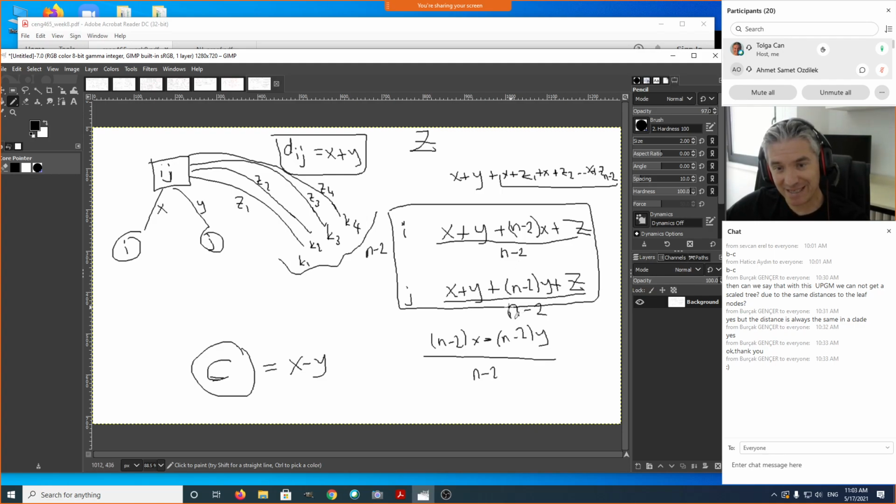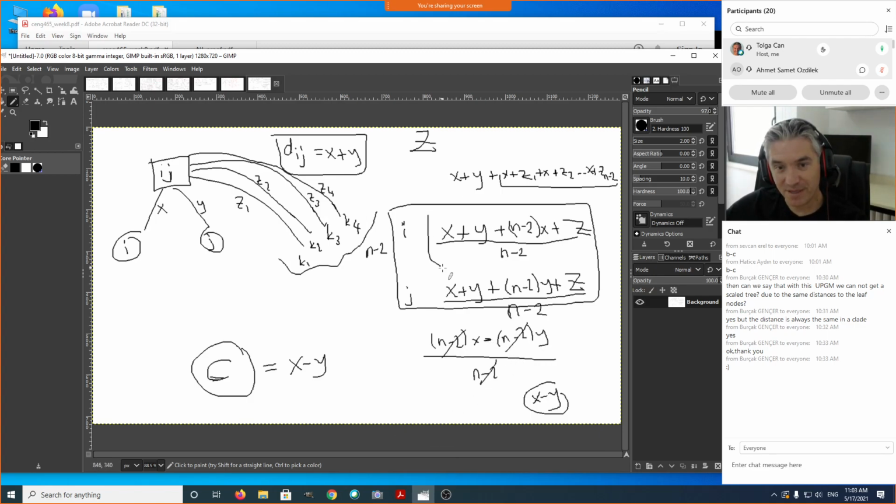But they're the exact same complicated things in the other term, so they still cancel out. And the good thing is that if I define the terms like this, it gives me directly x minus y, because the n minus 2 cancels out.